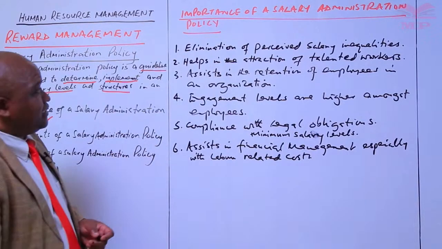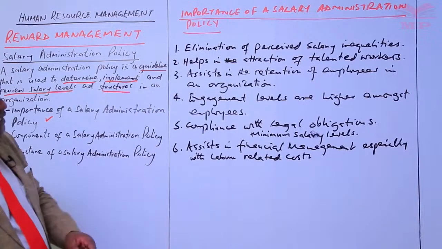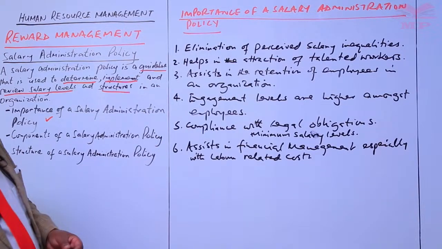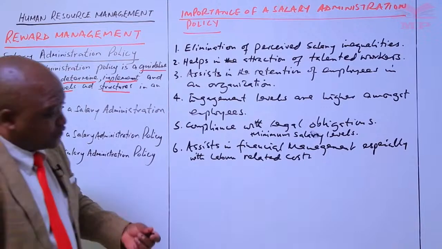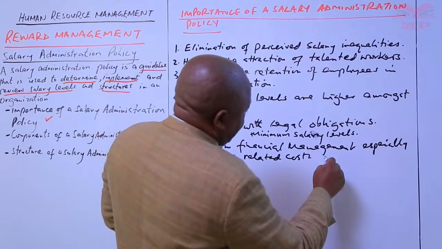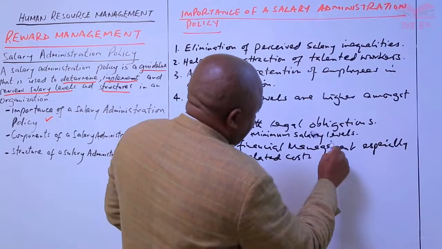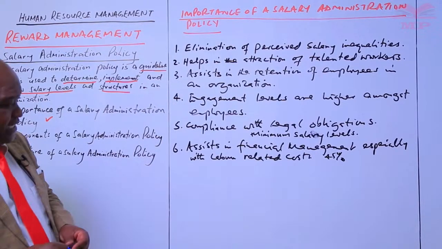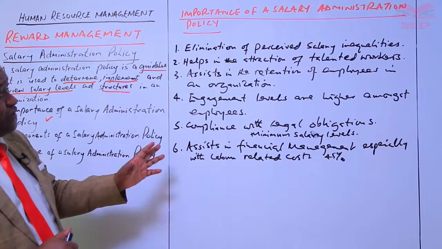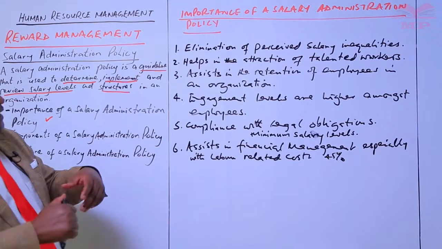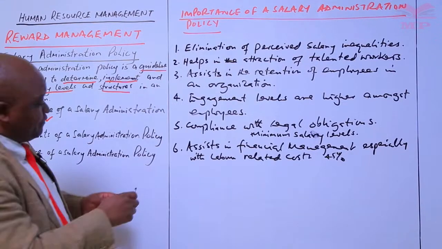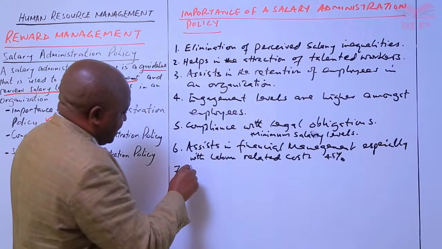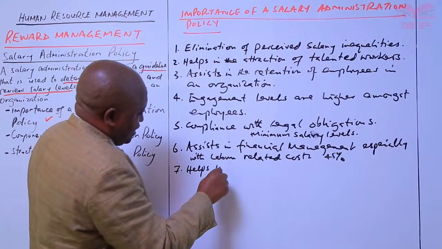So salary administration policy will assist in the financial management, and in many organizations, the costs of payroll could take as much as, say, 45% of the organizational expenses. So you can see this can be quite high, and when you have a proper salary administration policy, it becomes very clear.